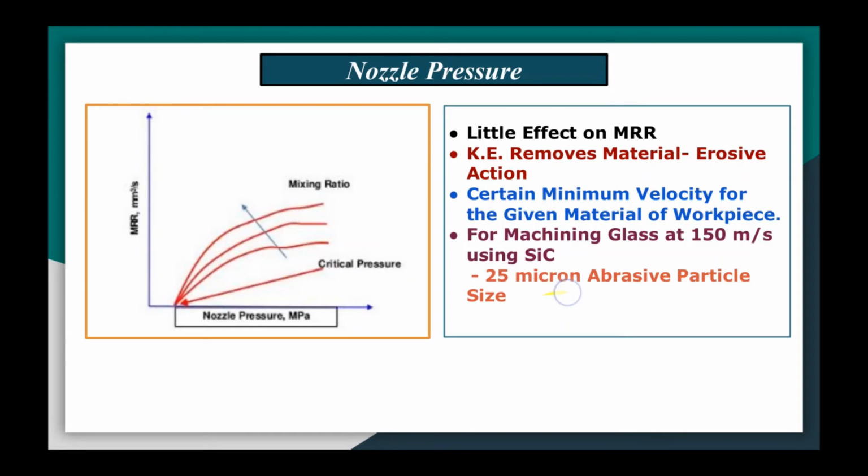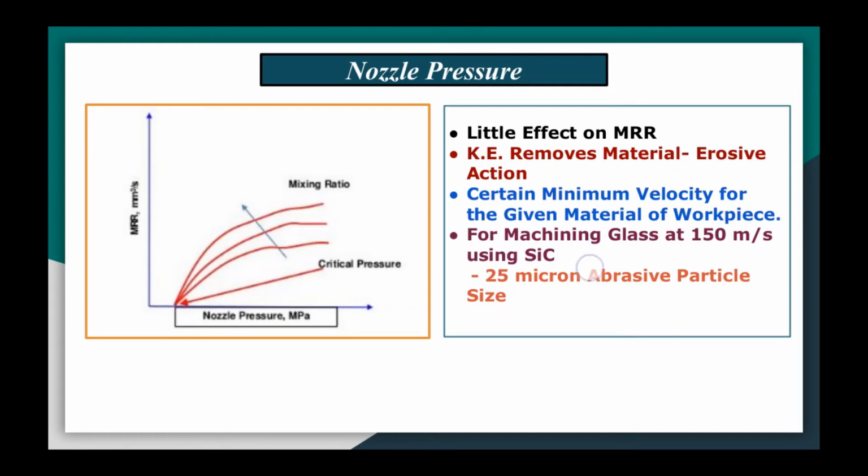This is the minimum velocity that you require of the abrasive particles for machining glass. If the velocity of the abrasive particle is less than 150 meter per second, it will not be able to remove material from the glass. So this will decide the critical pressure, and that pressure should be able to give a velocity equal to 150 meter per second or beyond that.